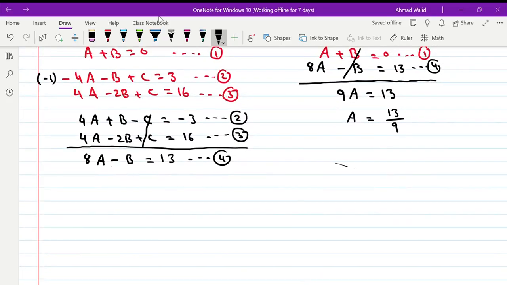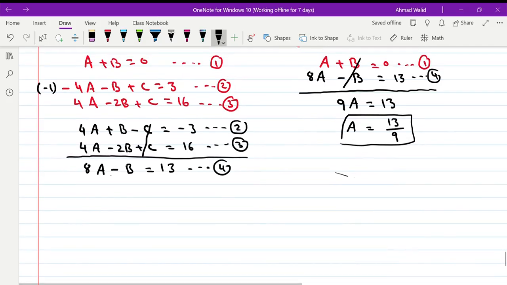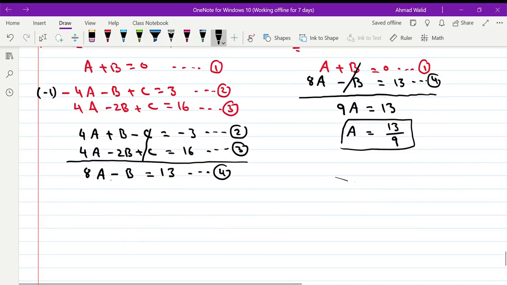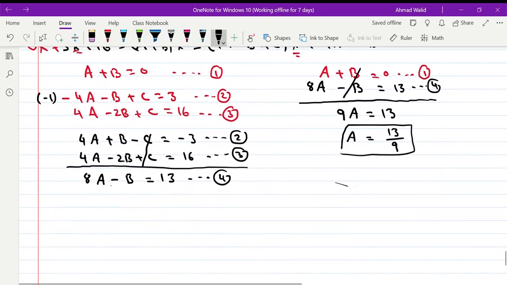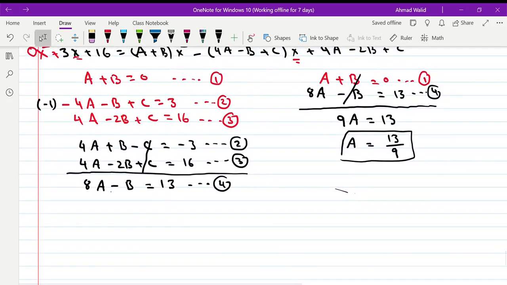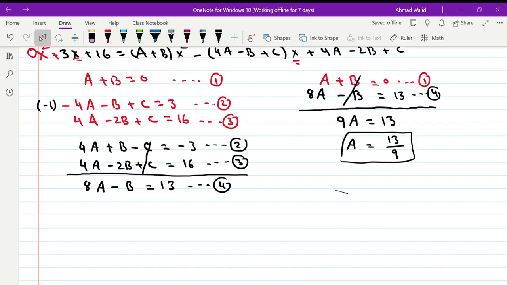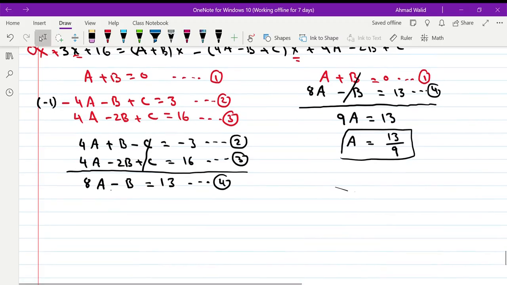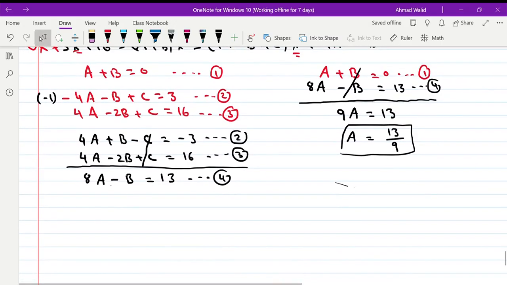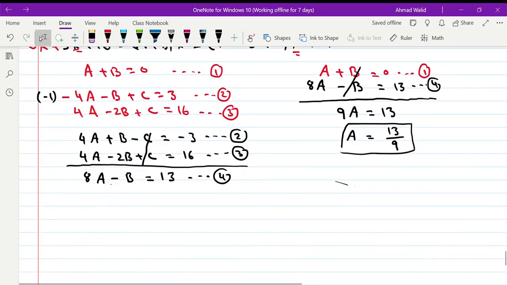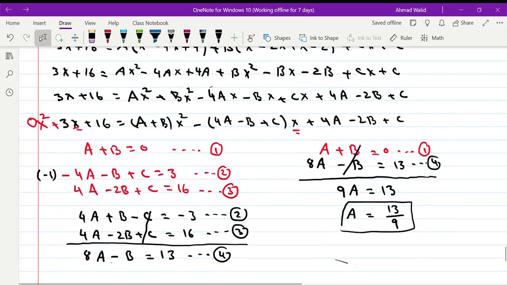Usually you don't end up with a fraction, but in this problem I end up with a fraction. Which is okay.